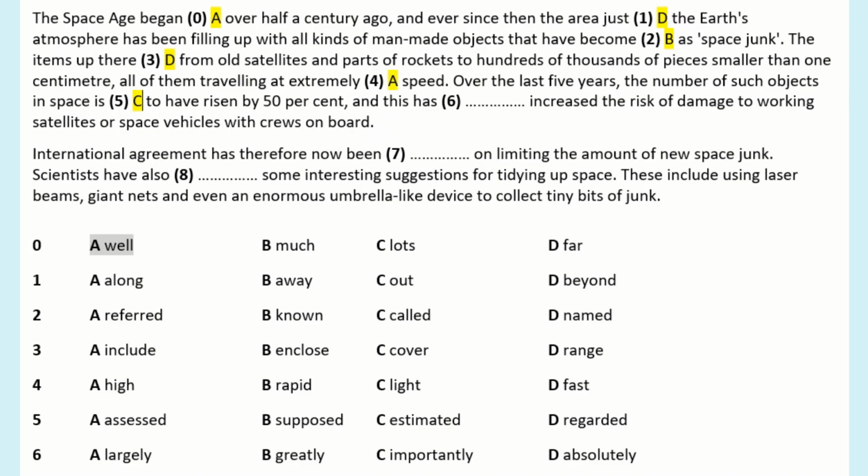And this has greatly, the answer to the next one, this has greatly increased the risk of damage to working satellites or space vehicles with crews on board. So again, which of those adverbs goes with the word increased? And the answer is greatly, because we're talking about the amount.